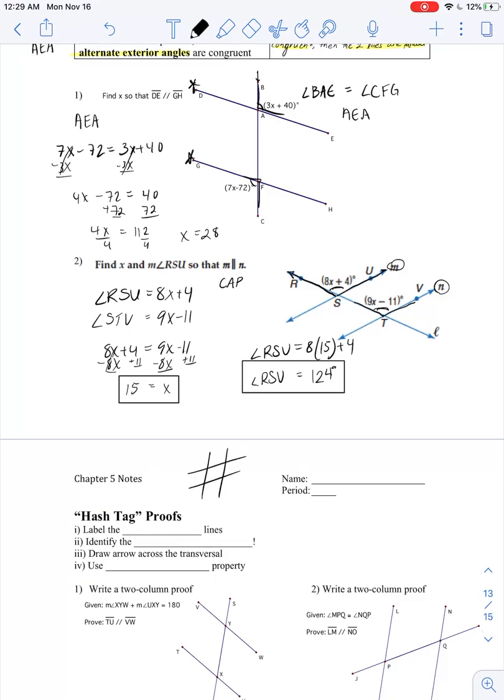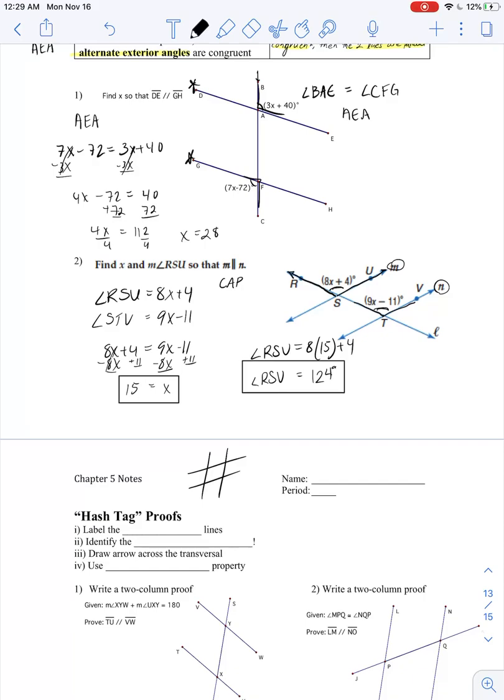Now we're going to be looking at what we call hashtag proofs. They're called hashtag proofs because they look something like this. Oh, and one more thing on the previous two problems. Just because you're given two angles doesn't mean you're always going to set them equal to each other.